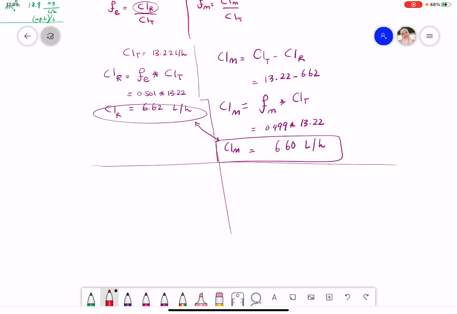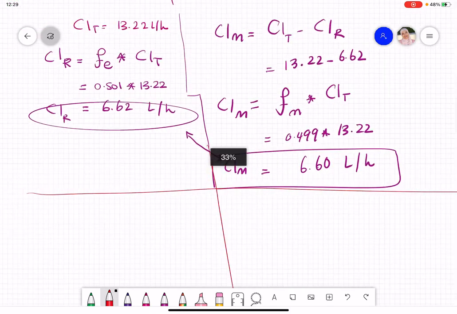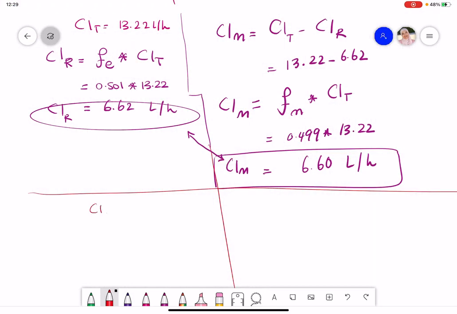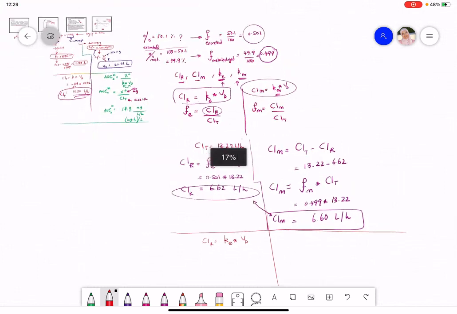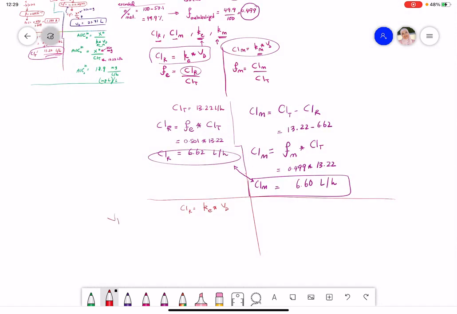The renal clearance equals KE multiplied by VD. Do we have the volume of distribution? Yes, we do, which is equal to 21.71.